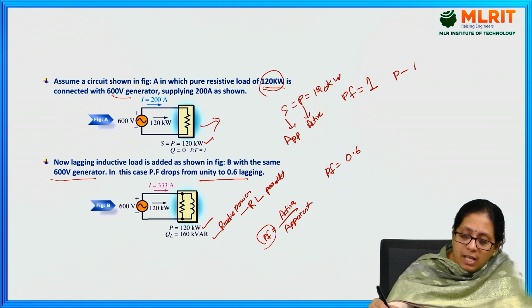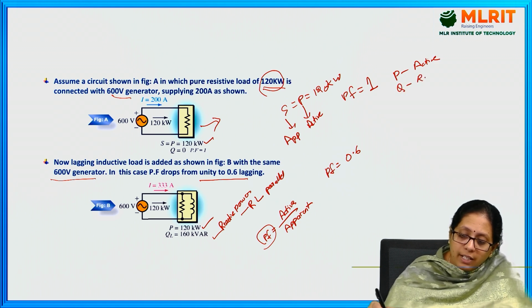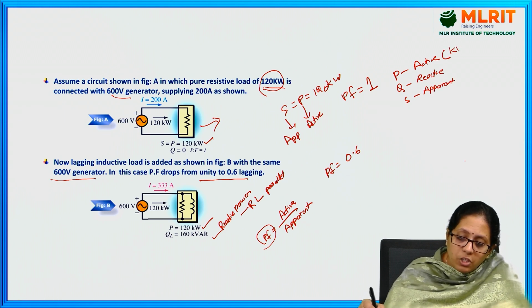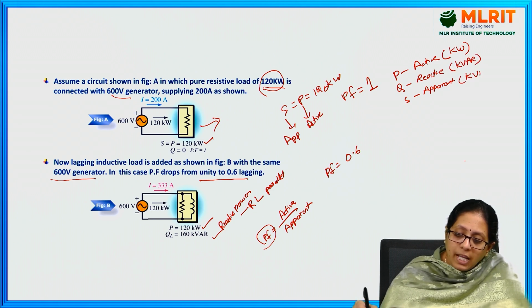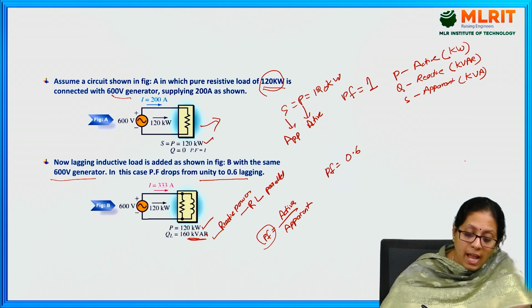P means active, Q means reactive, S means apparent. This is being measured in kilowatt. This is being measured in kVAR. This is being measured in kVA. So here this is reactive power, so it is measured in kVAR. This is active, so it is measured in kilowatt.